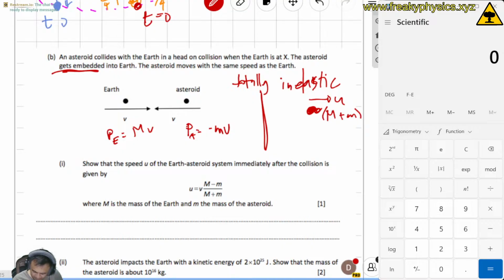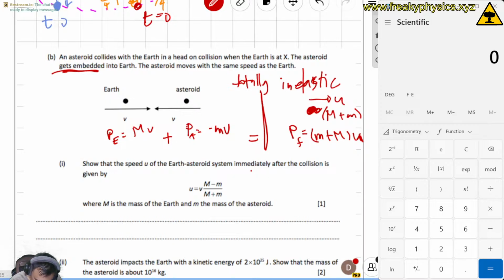So what's the momentum here at the end? The final momentum would be M plus m, the two masses put together, times, sorry, not v, this is going to be u, right? And remember, for conservation of momentum, this should be equal to that.